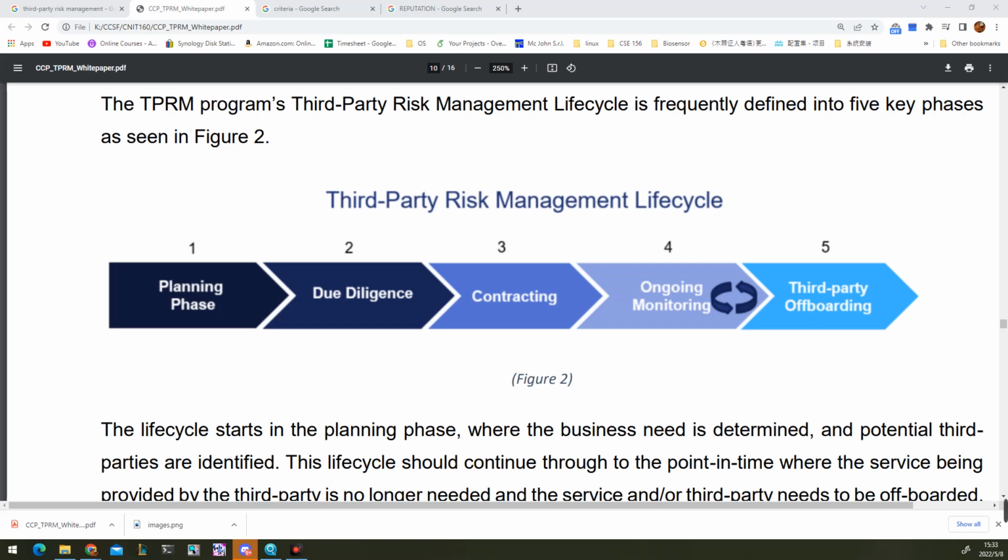Other offboarding activities should be considered, including data transfer, deliverables, obtaining data destruction certification when applicable, system access removal, and contractual provision for transitioning to an incoming third-party provider.